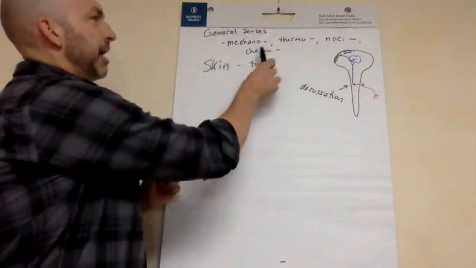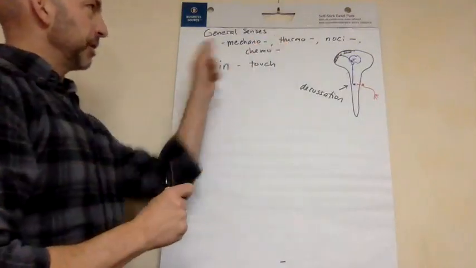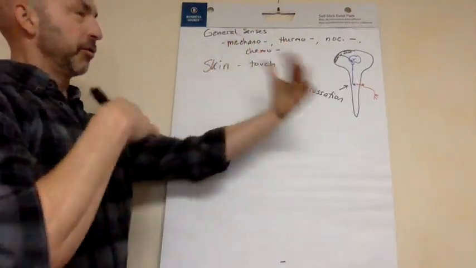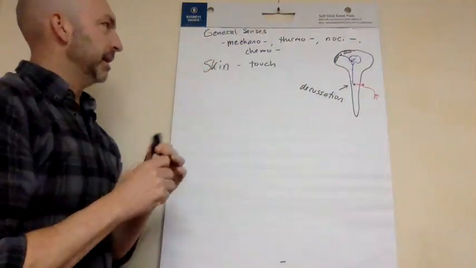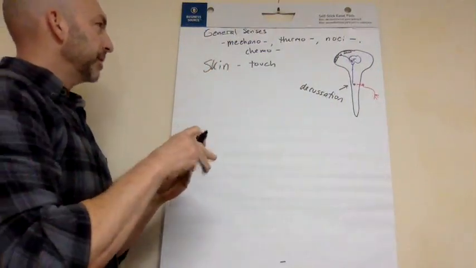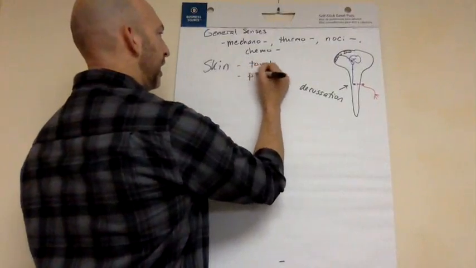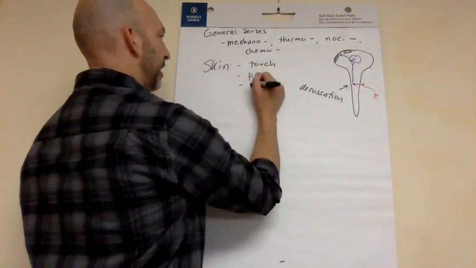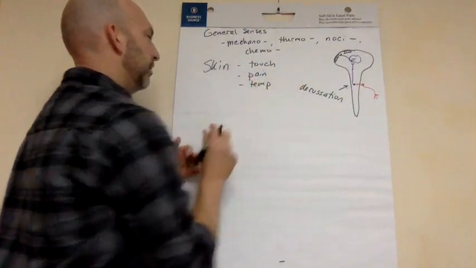Okay, we don't have chemoreceptors in our skin, so we're going to come back to those. Those are under general senses overall, not found in skin. So skin would be for touch, for pain, and for temperature perception.